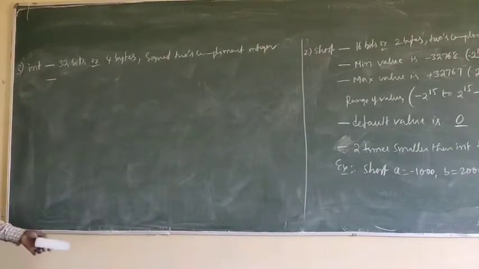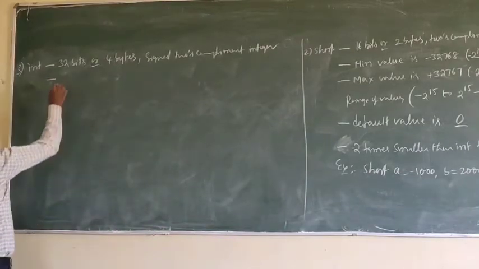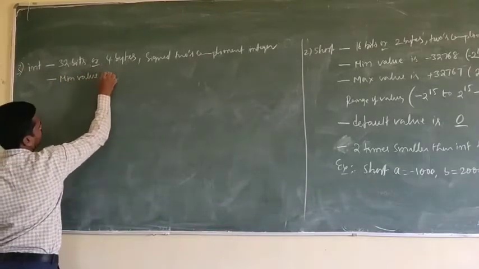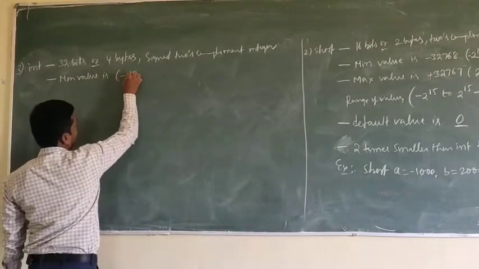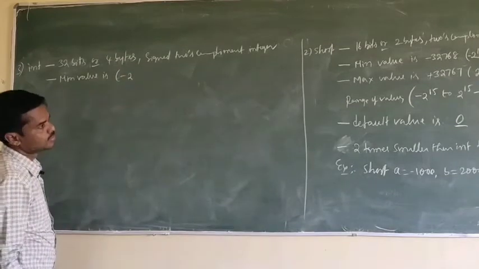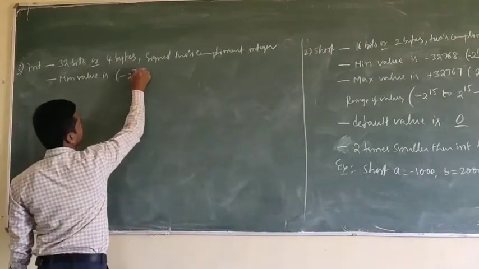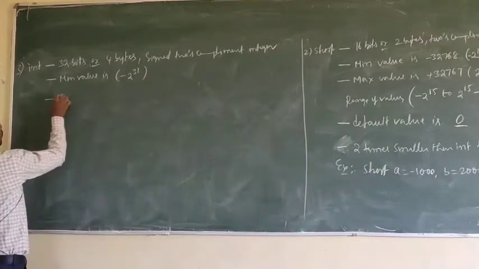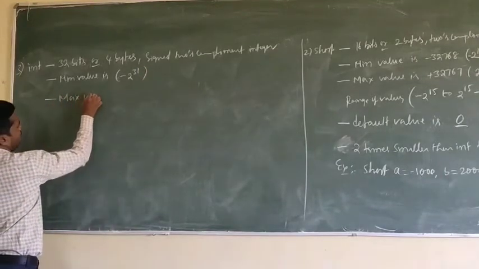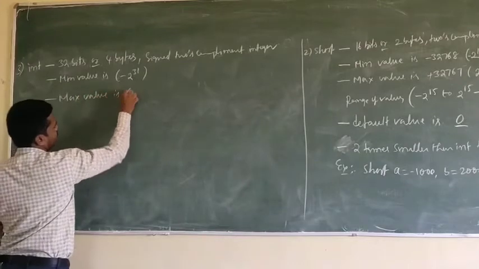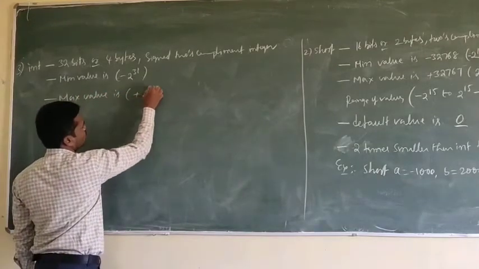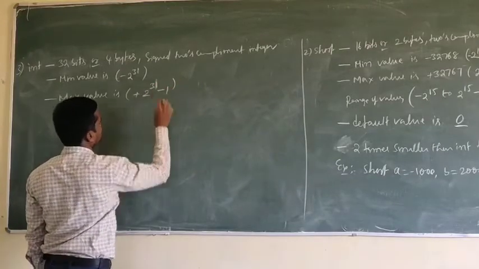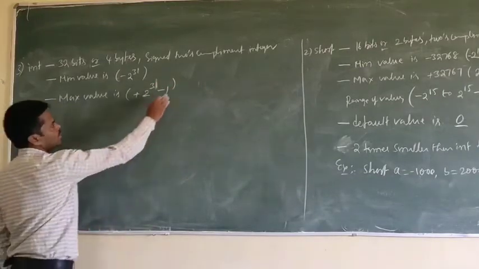So what is the minimum value and maximum value? The min value is minus 2 to the power of 31, and the maximum value is plus 2 to the power of 31 minus 1.